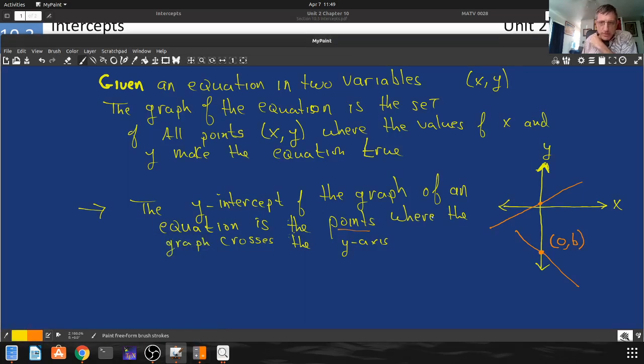So the y-intercept of a graph of an equation is the point or points where the graph crosses the y-axis.